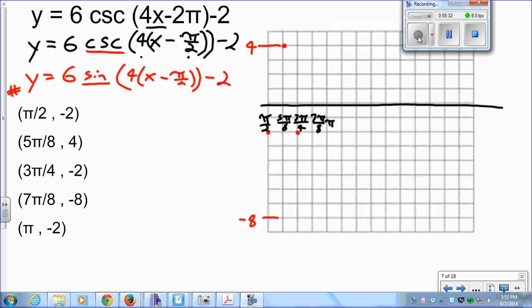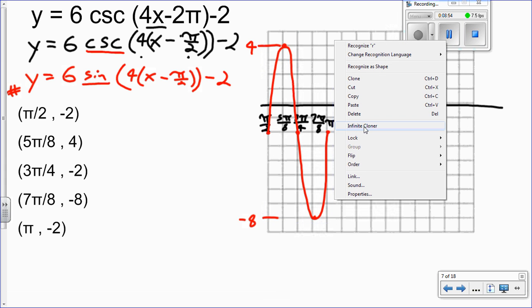And at 7 pi over 8, we were down to -8. And then we are back at -2 for pi. So we got this curve that looks something like that. And then the graph will just be clones of this here.